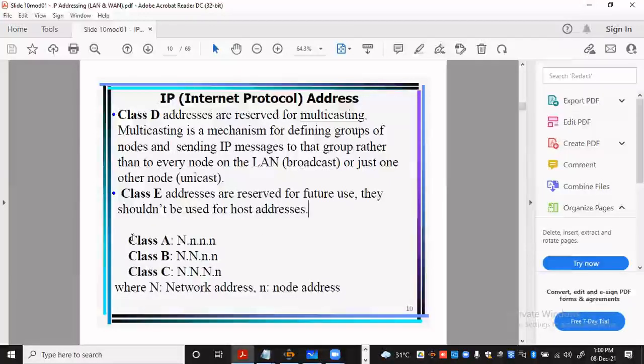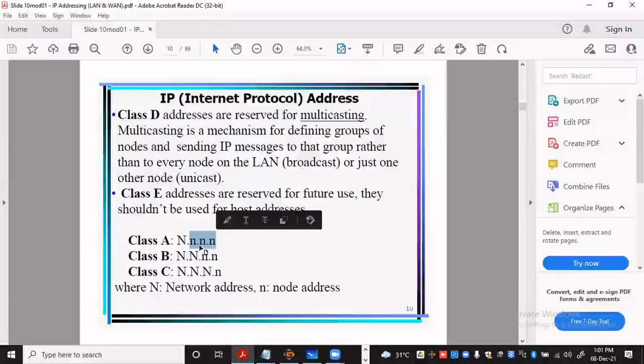Now, for class A IP addresses, when it comes to the two parts of an IP address, we can differentiate which is the node part and which is the network part. Class A has its first octet as the network part, and the remaining three octets as the node part, which means you can assign a lot more IP addresses if you're going to deal with a huge network.